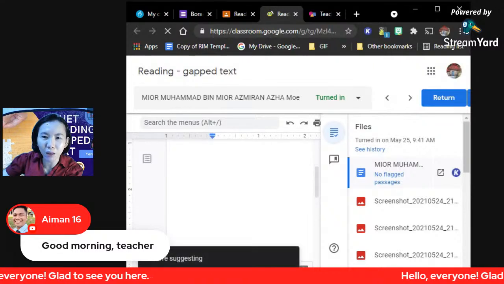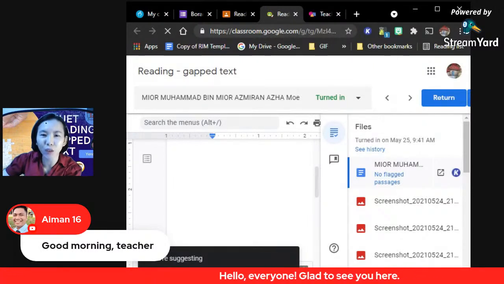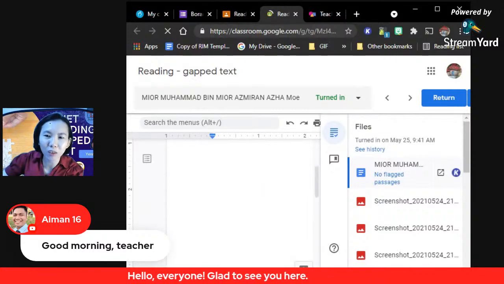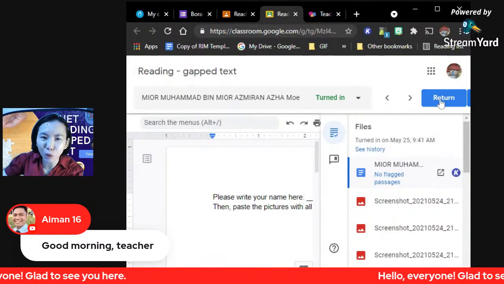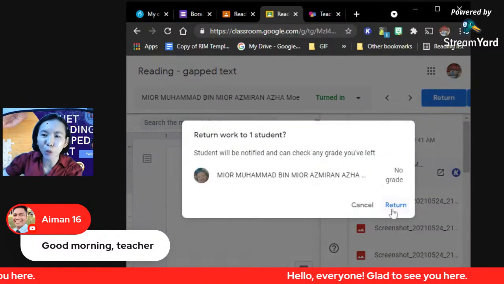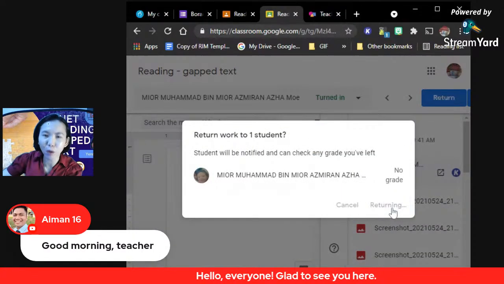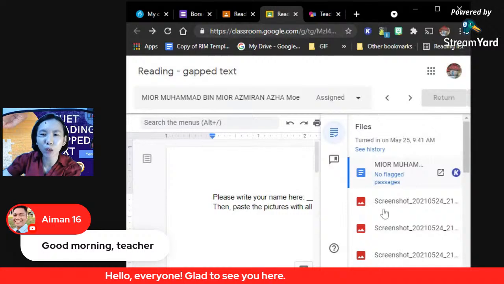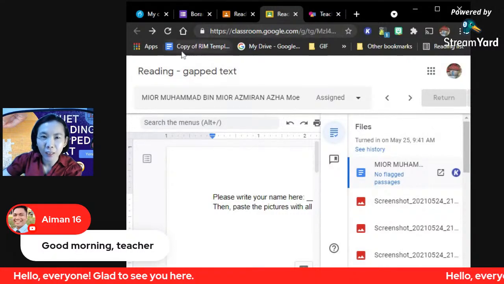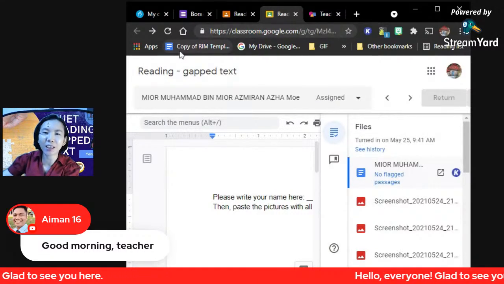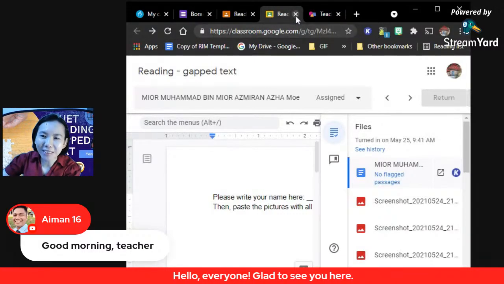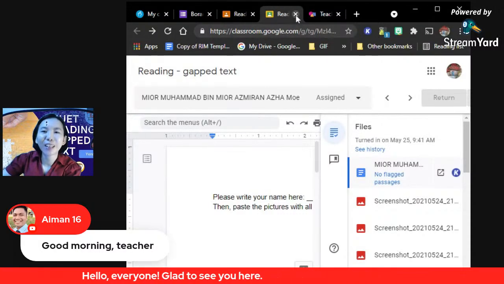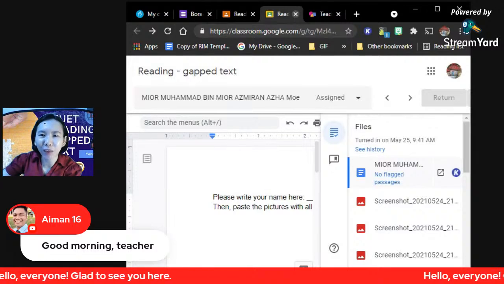Please write your name here, then paste all your photos and screenshots here, and send in this Google Doc. So I'm going to return this to you, Mior, and I need you to resend. Paste all the photos on the Google Doc which I provided. This is not your first time sending an assignment. So please use the Google Doc which I provided.